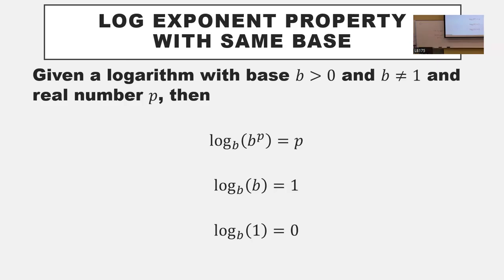This is like saying that when you plug in the exponent 0, you get out a 1. That works for any base as long as the base is positive, and ours is positive. So one property of logarithms is that if I have the same base, log base b of b to a power just gives me out the exponent.